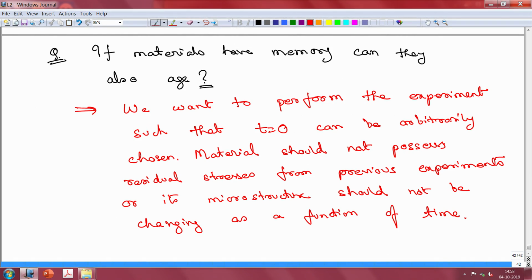This need not always hold true. There are many materials for which this may or may not hold true, this proposition that they should not have a memory of their previous life, they should not remember when they were created. This is something that you can only determine from an experiment.